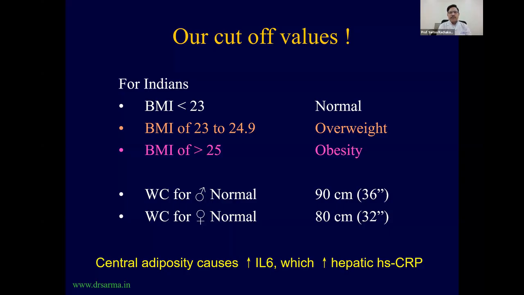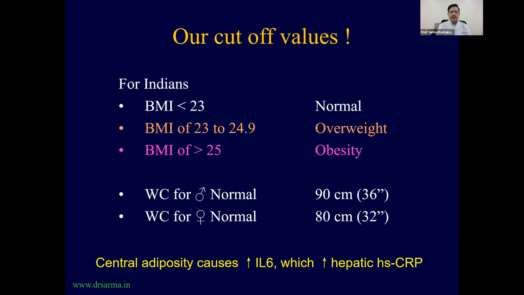Very difficult to find out. Everybody, the abdominal obesity is so prevalent. Central adiposity causes increase in the interleukin 6, which increases the hepatic hsCRP, which is again metabolically very active, sort of neuroamine there, interleukin 6, and that causes a lot of problems.